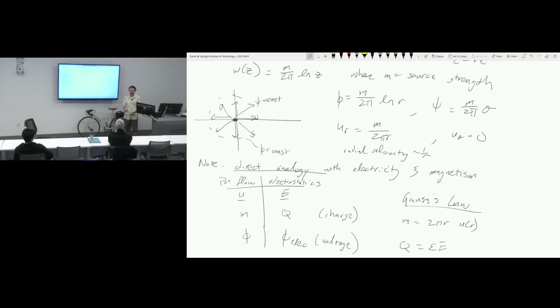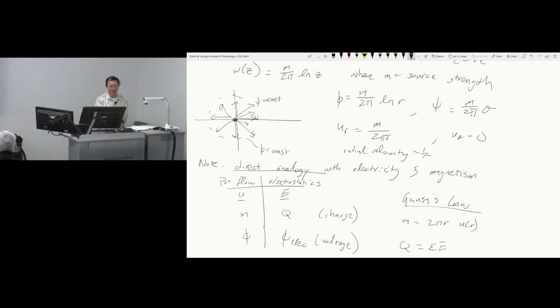If you're an ant on the plate, you don't know what's going on, but all this fluid's going out. That's like a source. It means like your faucet, and it just goes out in all directions. And the sink would be if I cut a hole in the plate and I've got fluid all leaving in the third dimension. It's a source of fluid or a sink of fluid. The fluid goes away at those points for sinks.